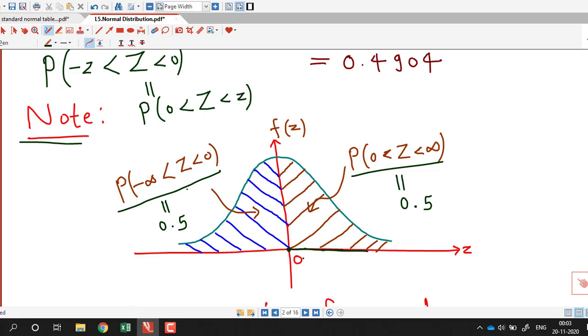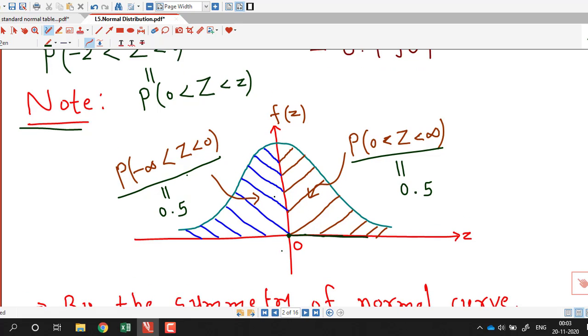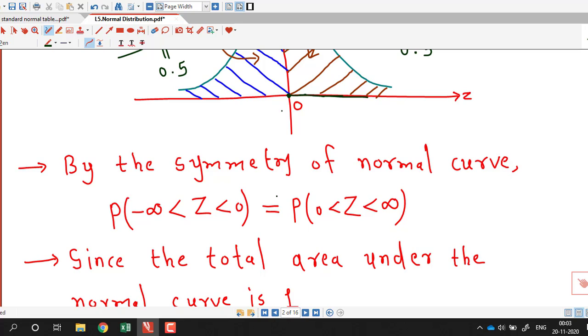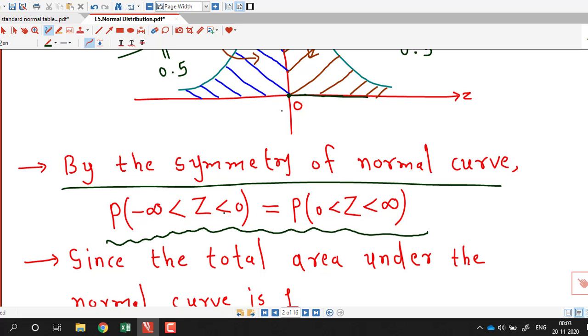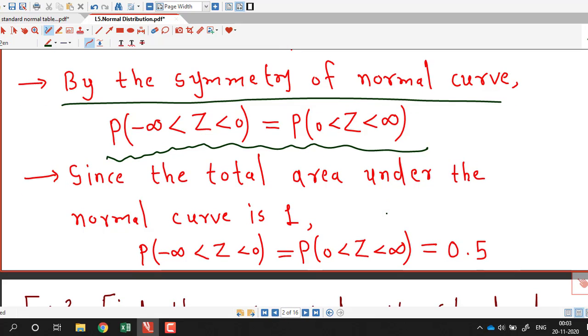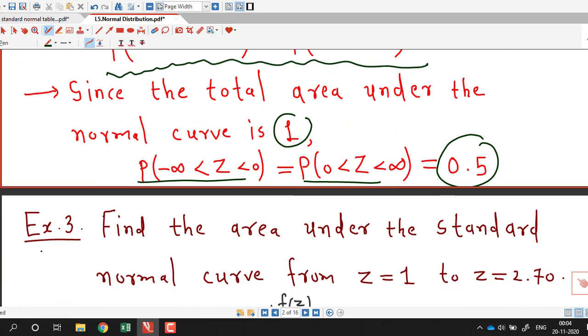So the area to the left of z equal to 0 is 0.5, and the area to the right of z equal to 0 is also 0.5, by the symmetry of the normal curve. So we can write, by the symmetry of the normal curve, the probability that minus infinity less than z less than 0 is nothing but the probability that 0 less than z less than infinity. And since the total area under the normal curve is 1, these two areas must be equal to 1/2, that is 0.5.